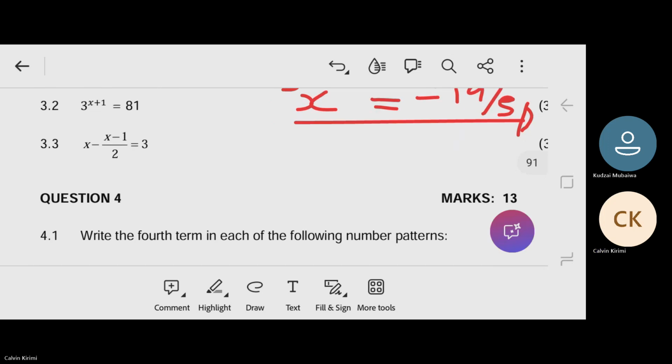Solve for x, that one. 3.2. Yes, sir. Say x equals 3.